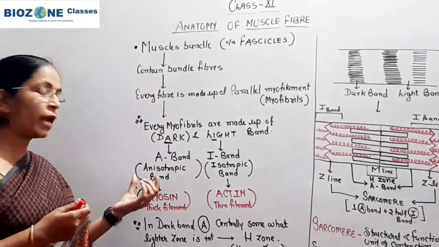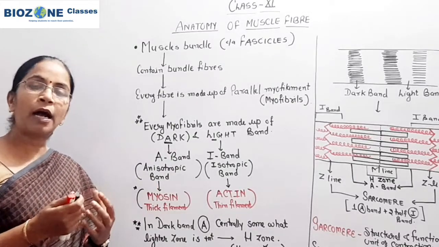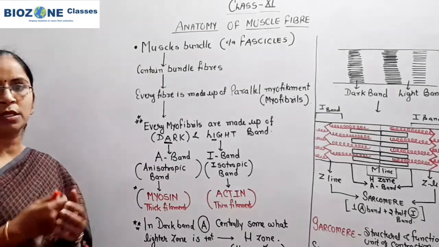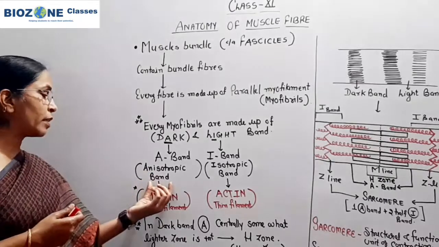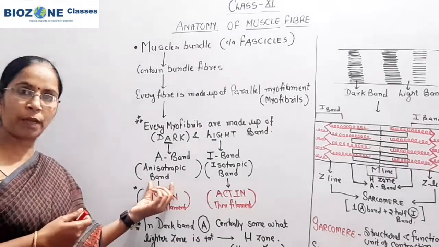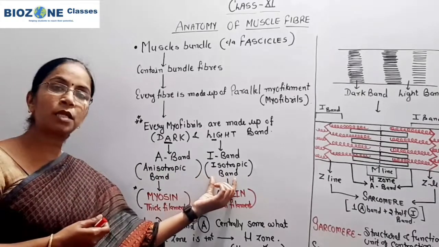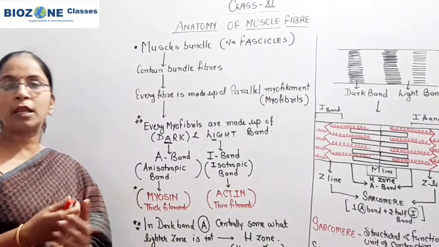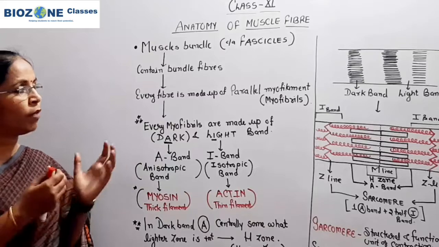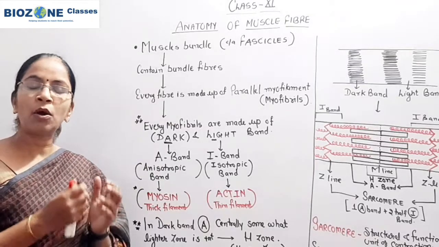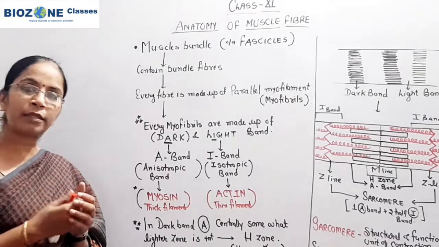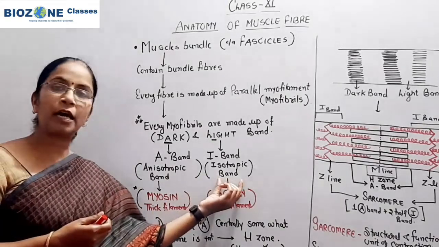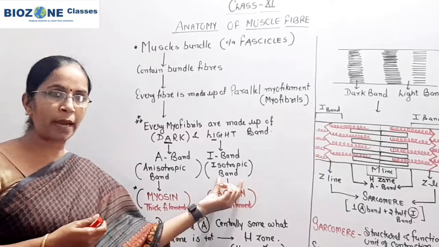Somewhere the A bands are more thick, and nearly in the center the A bands show a lighter region. That's why they are called the anisotropic band. When we come towards the I band, throughout the length of the muscle fiber, wherever I bands are present, all the I bands show nearly similar thickness, and that's why they are called the isotropic band.